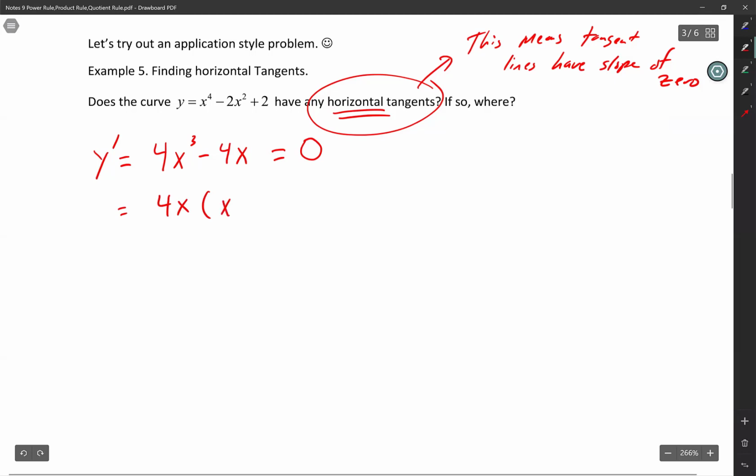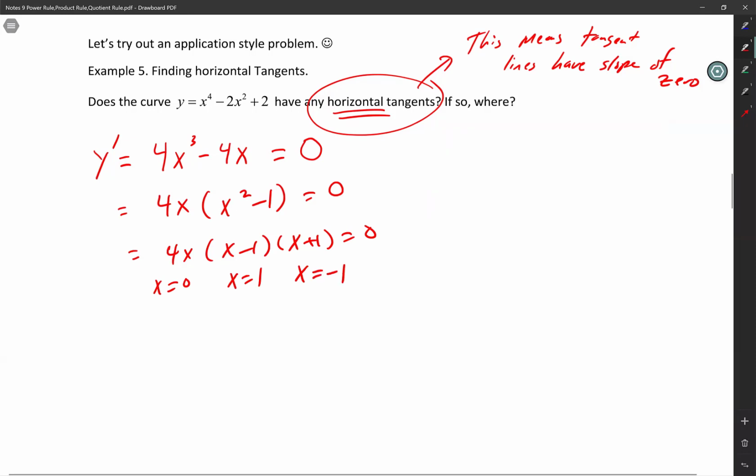I'm going to get x squared minus 1. I notice that I'm going to get 3 answers. If you want, you can expand it: 4x, x minus 1, x plus 1. One answer is 0. One answer is 1. One answer is negative 1. At these 3 locations, I have horizontal tangents.